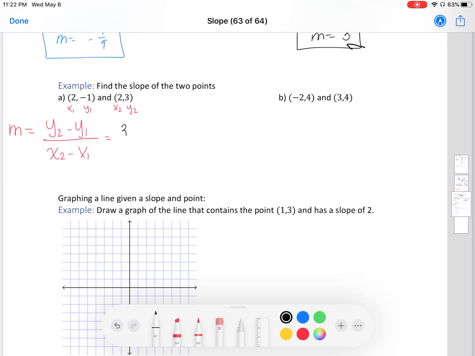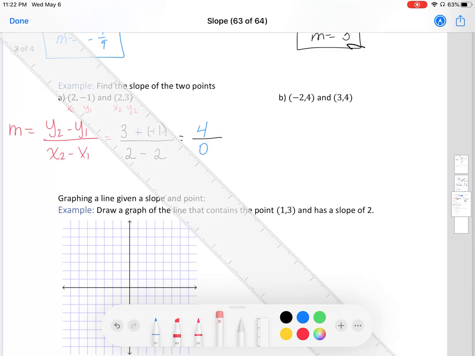All right, y2 is 3 minus y1 is negative 1 over x2 is 2 minus x1 is 2. All right, so 3 minus negative 1, turn to positive, so we're left with 4. 4 over 2 minus 2 is 0.